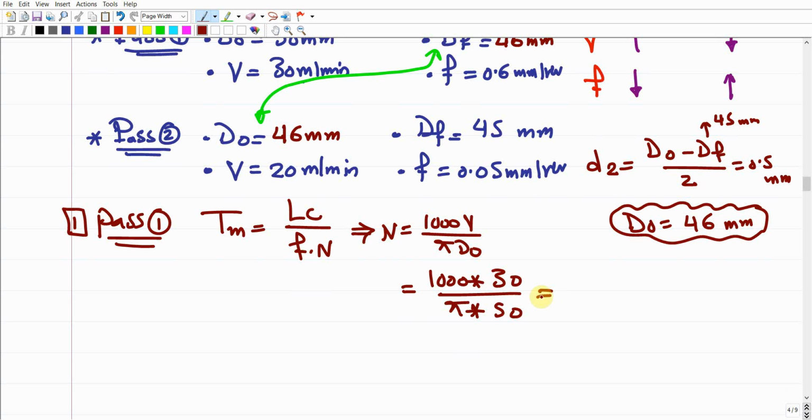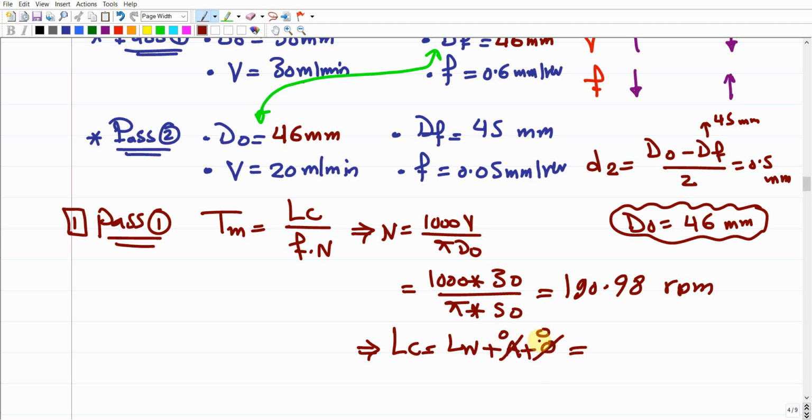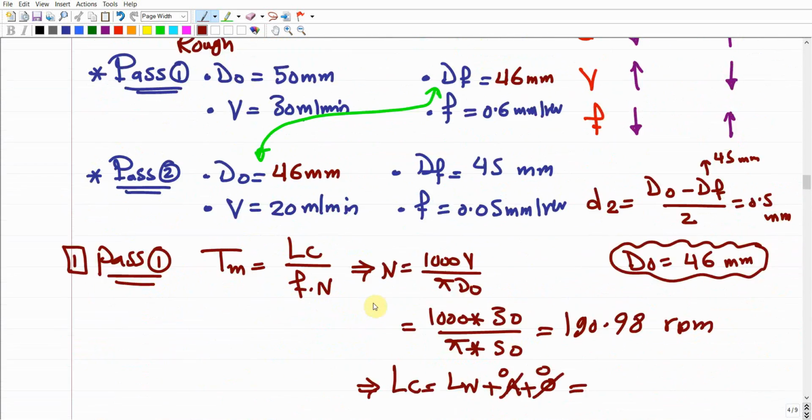So we're just going to do the calculation. This gives us 1000 times 30 divided by pi divided by 50, which is 190.98 revolutions per minute. This is N, and LC should equal LW plus the over travel and approach distances, which will be zeros because nothing was given regarding these two distances.